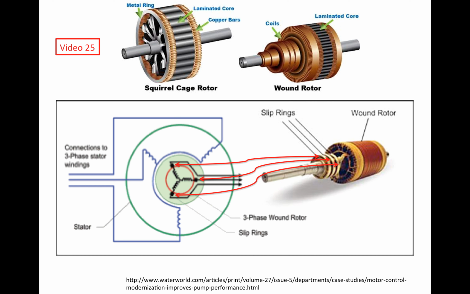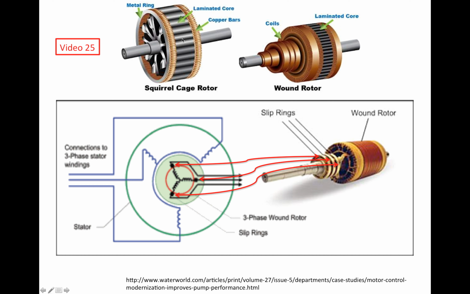So how do we connect the rotor to an external circuit? We will need a wound-rotor induction machine, which is also sometimes called the slip ring induction machine. Back in video 25, we mentioned there are two different kinds of induction machines. The squirrel cage induction machine uses a squirrel cage rotor, which essentially has no wiring on the rotor side.